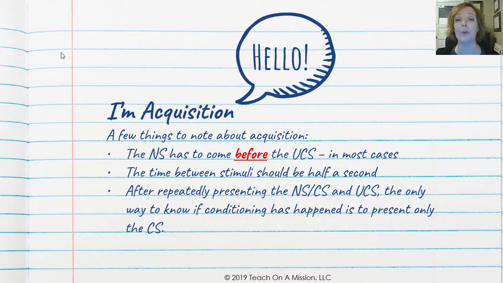After repeatedly presenting the neutral stimulus and the unconditioned stimulus, the only way to know if conditioning has happened is to present only the conditioned stimulus, or that stimulus that doesn't normally have a reaction or a response. That's when you are going to know, if it does have a response, that learning has occurred.